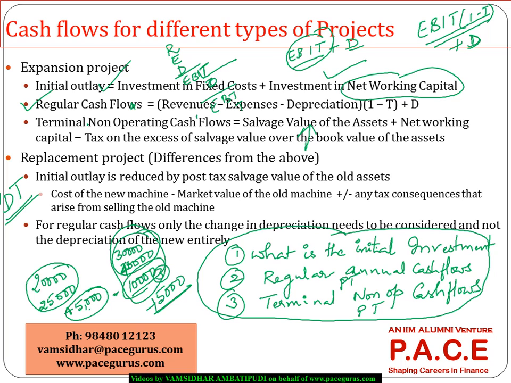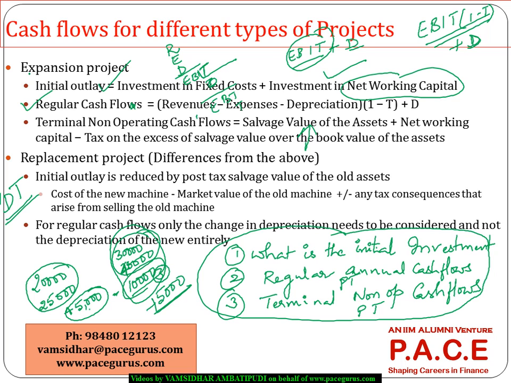Sometimes it may decrease the initial outlay by the extent of the benefit I am getting by selling that old equipment. In the same way, when talking about regular cash flows, my focus is not just on the new machine's cash flows but on the incremental cash flows. If the old machine was there, what were the revenues? If the new machine is brought in, what is the excess of revenues and excess of costs compared to the old machine?